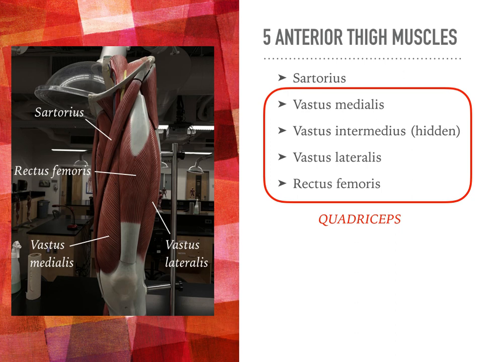The sartorius, the 5th muscle, is not really part of the quadriceps, but it is part of this anterior thigh compartment. So it might be easiest to first just look at the sartorius muscle and understand that one, and then we'll look at the quadriceps together.